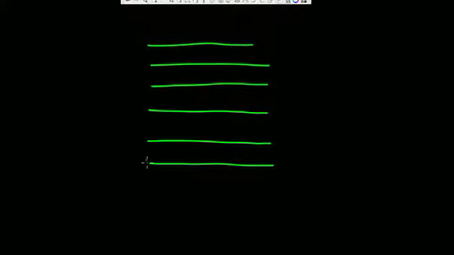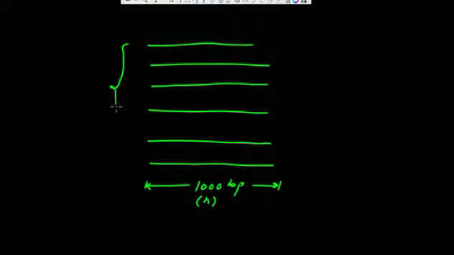Now the length of this sequence is, let us say, 1000 base pair, so this is n, and the total number of these sequences is t.